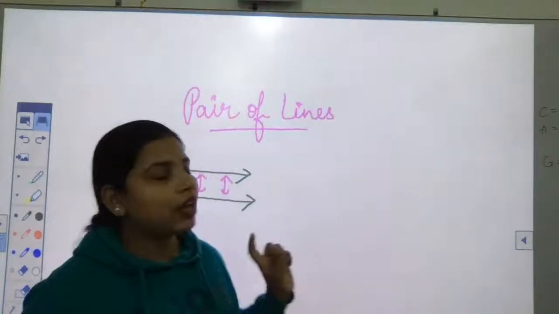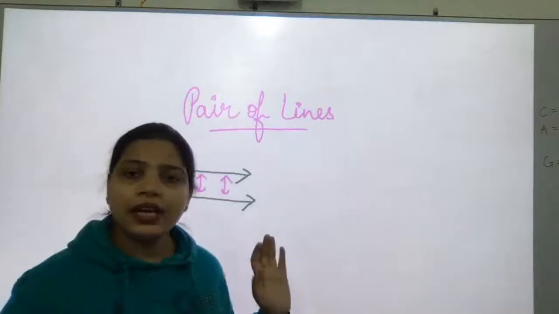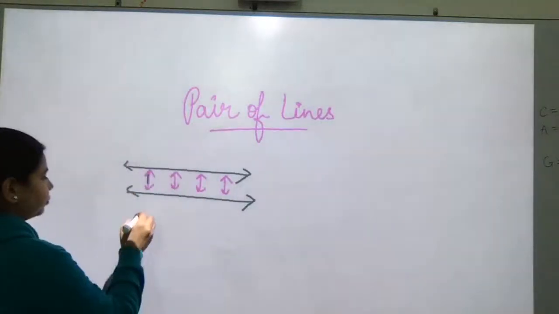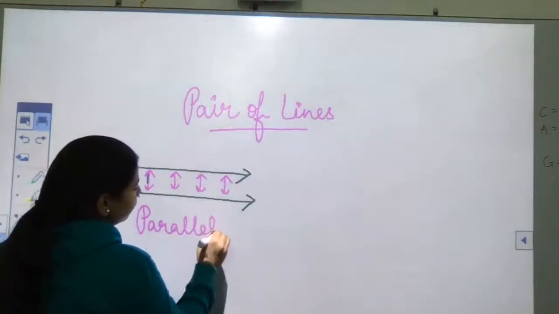If you have a pair of lines that is not going to meet at any point, it will be parallel lines.